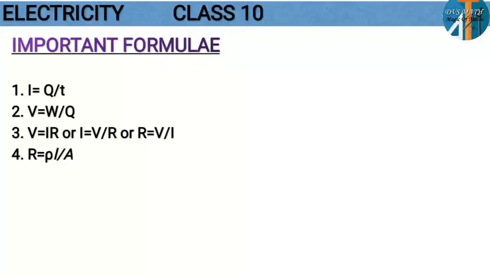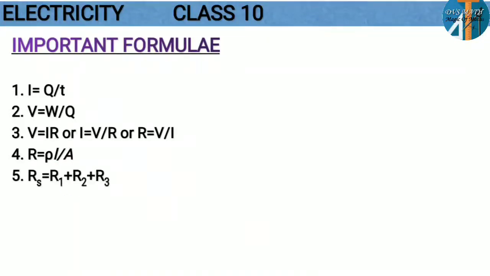Then we have another one related to resistivity. As you all know, resistance is directly proportional to the length and inversely proportional to the area of cross section. If you remove the proportionality symbol, we introduce one constant called rho. So R is equal to rho L by A, where R is resistance, rho is resistivity, L is length, A is area of cross section.